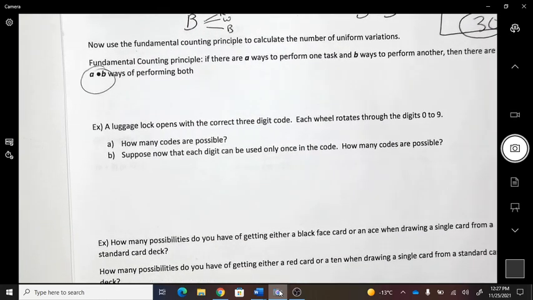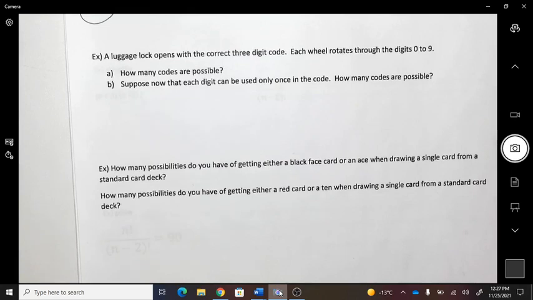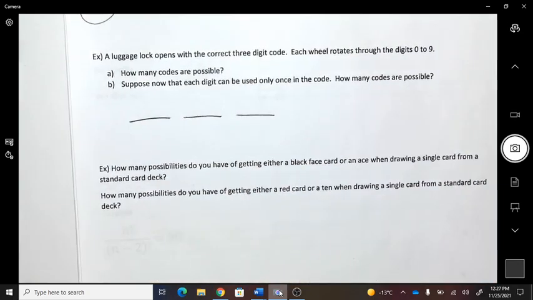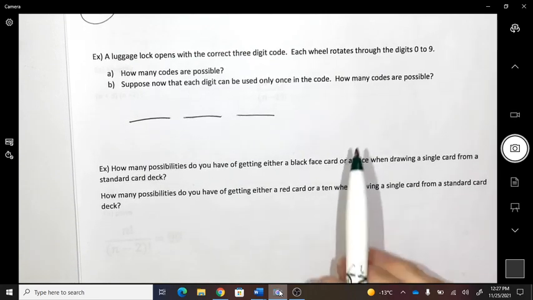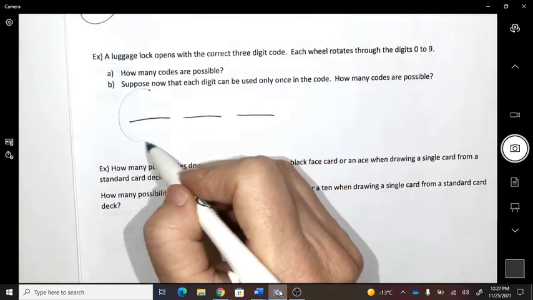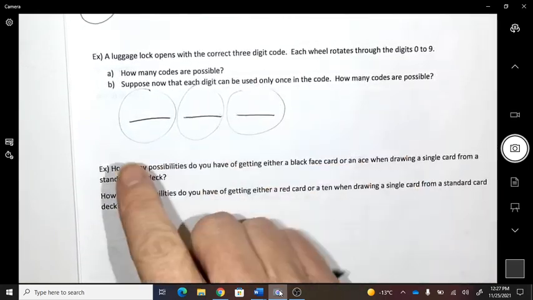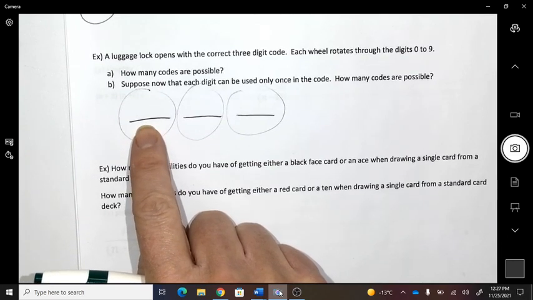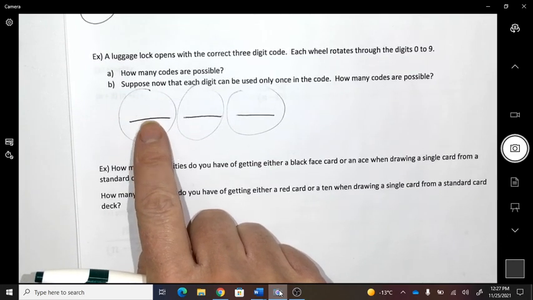Okay, a luggage lock opens with the correct 3-digit code. So we have to put in a 3-digit code. Each wheel contains the digits 0 through 9. So on this code, I could pick the digits 0 through 9.